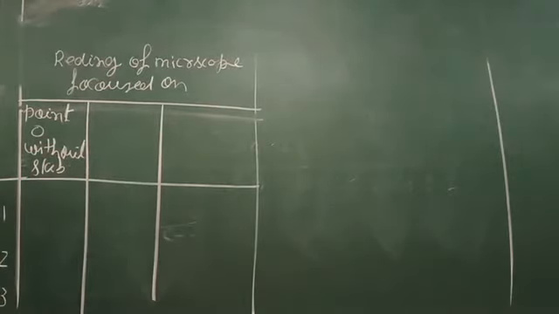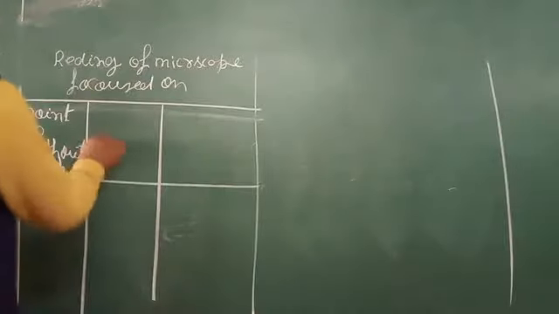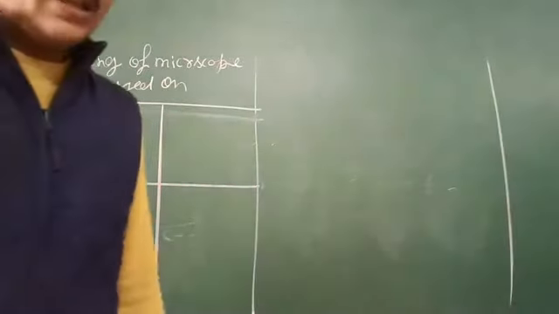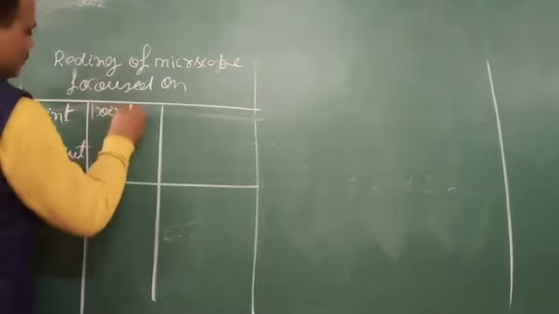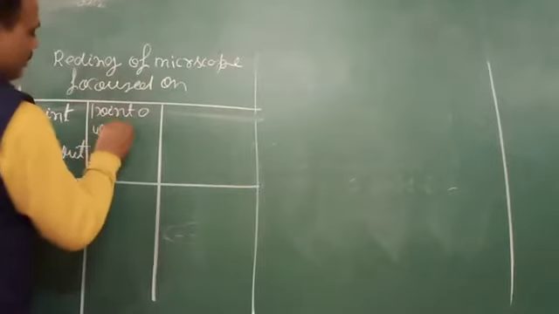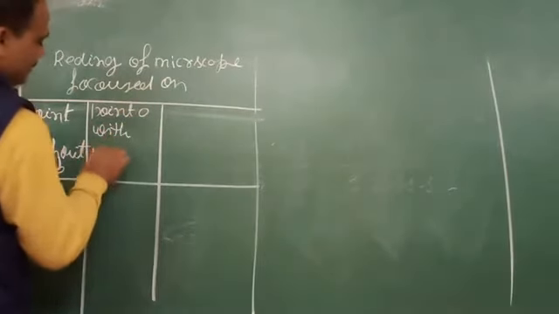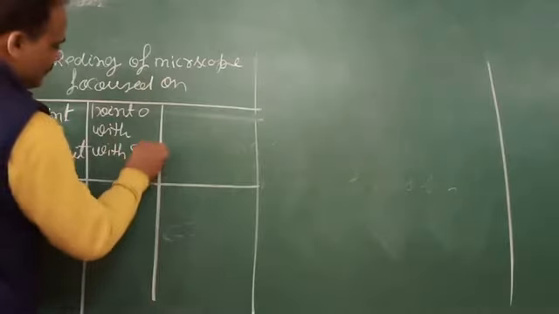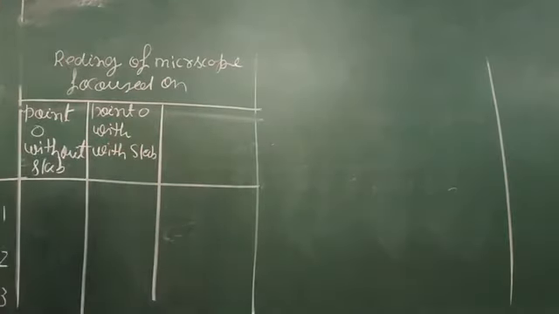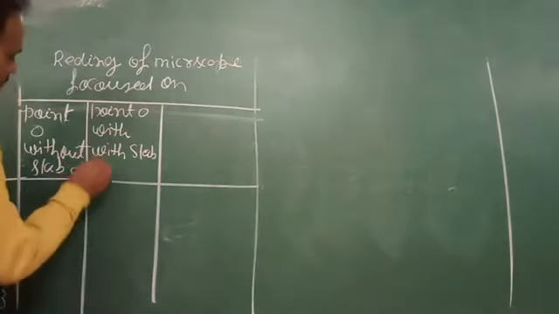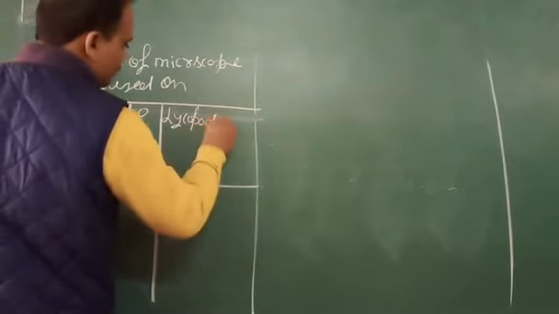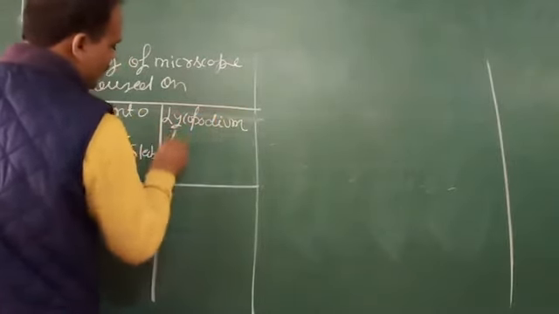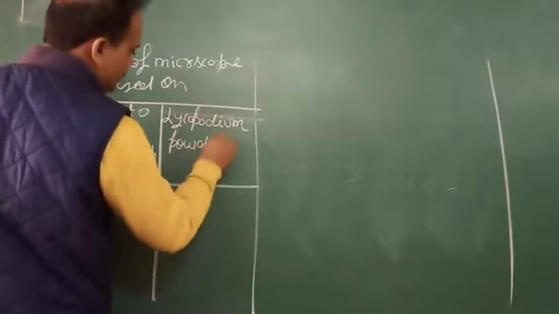Point O without slab, and point O with slab, it is in your book also, and the lycopodium powder. This is A, this is B, and lycopodium powder. This is C.